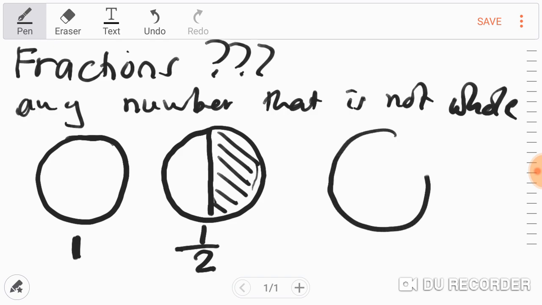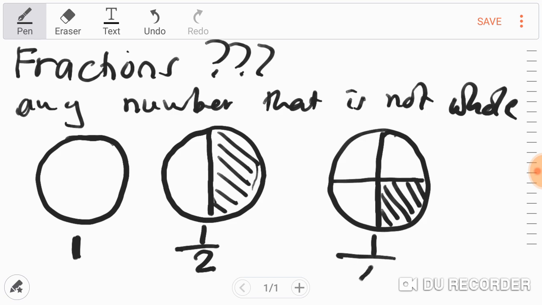And the same circle, if we cut it 4 times and want to present this portion, then it will be 1/4. 1 of 1, 2, 3, 4 segments. This one is 1 of 2 segments. So this is just one whole number. You can further divide this as many times as you like, the circle, right?